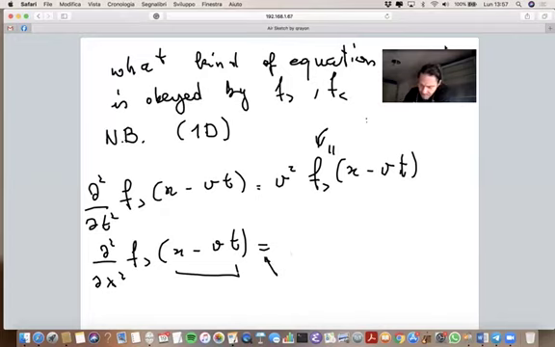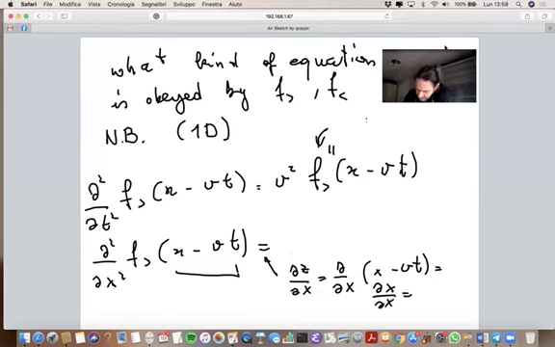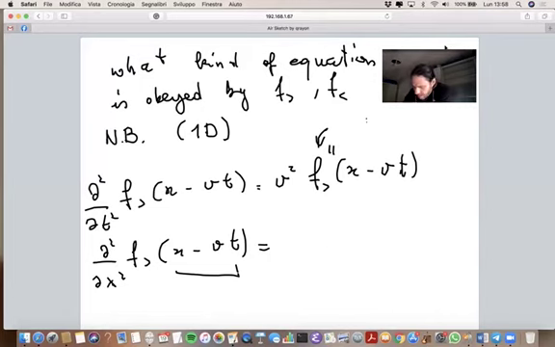But now, you should notice that dz divided by dx is d of x minus vt divided by dx, which is 1. So this is simpler. It doesn't take much to convince yourself that if you do it twice, you get simply f double prime as a function of x minus vt.